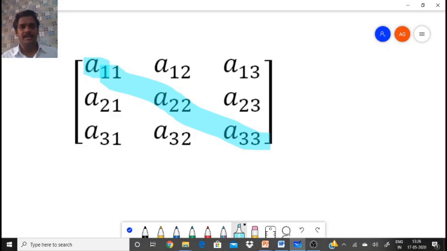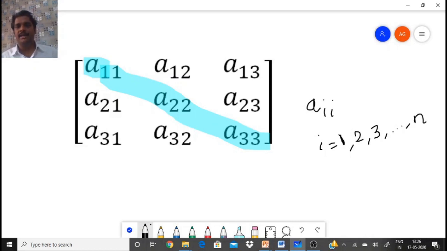The things which are present here are nothing but the diagonal elements and the remaining are the non-diagonal elements. One thing you can observe over here: for diagonal entries, the row index and the column index are the same, and for non-diagonal entries, the row index and column index are different. So many times we write diagonal entries as Aii, where i will take values 1, 2, 3 and up to n if we are talking about a square matrix of order n.